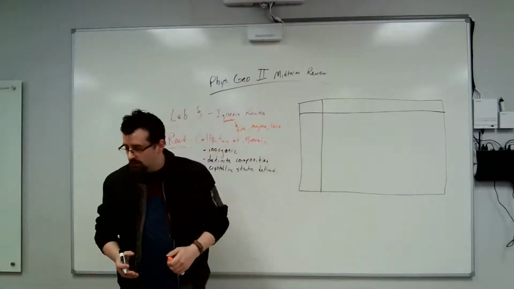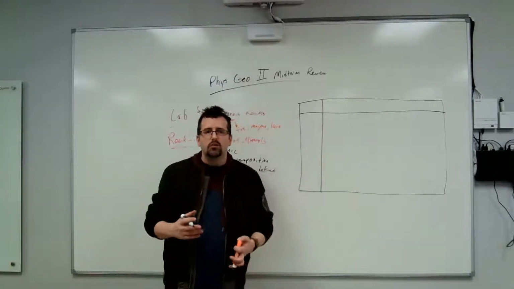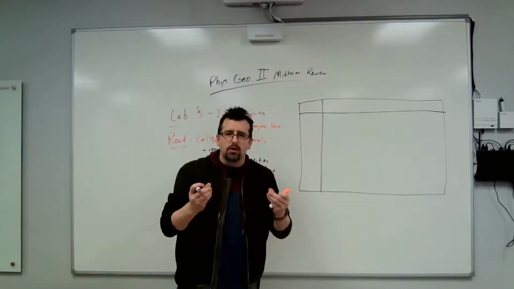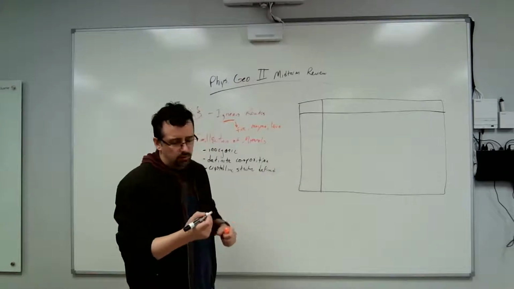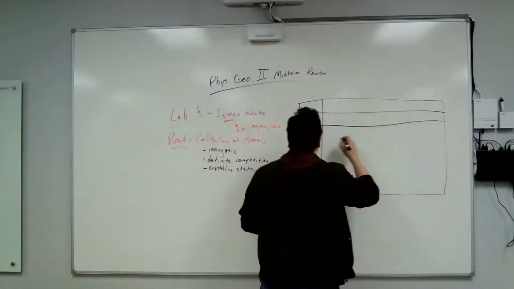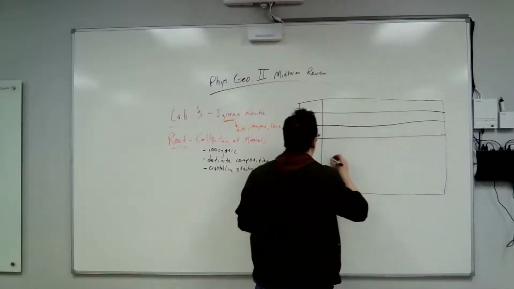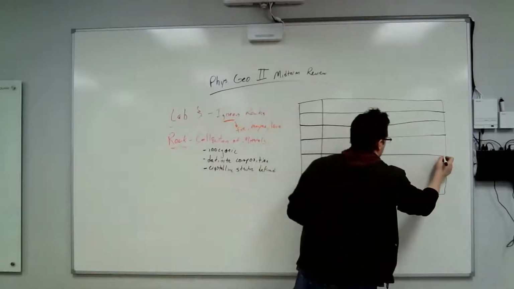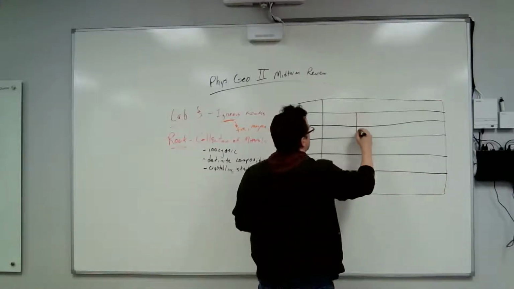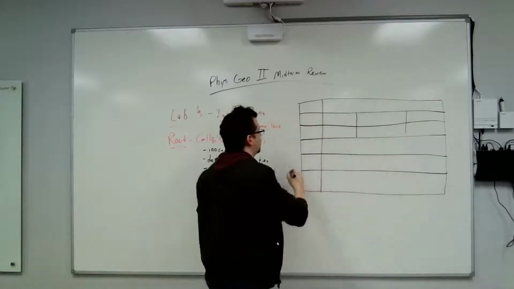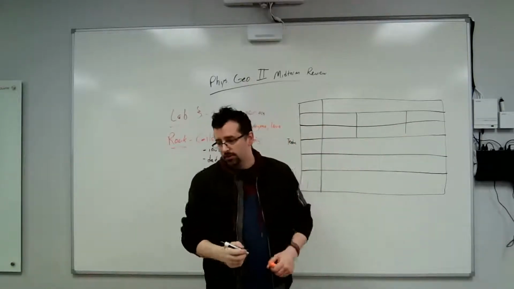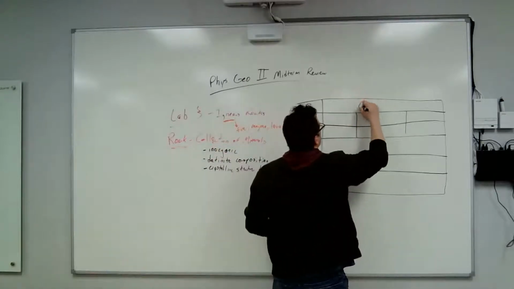So texture refers to really crystal size or the feel of the rock, right? So we're going to talk about texture. So we have a few classifications of that. Right? So we have texture. And then we have composition.